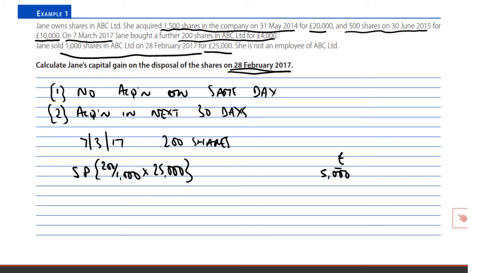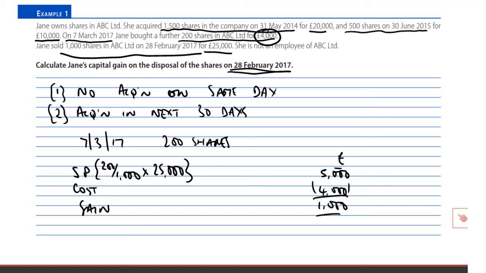What was the specific cost of those shares? £4,000. Take it away, and as we can see, we have a gain there of £1,000. Okay, so that's the first part of the process.